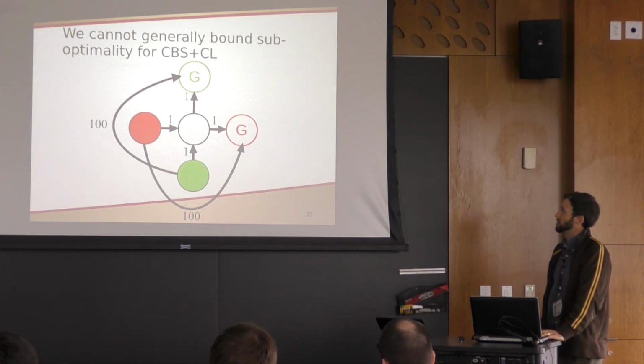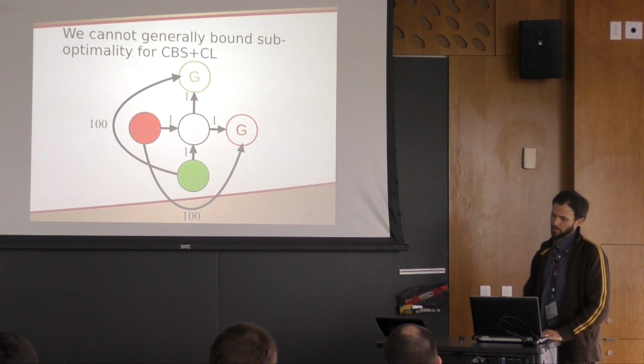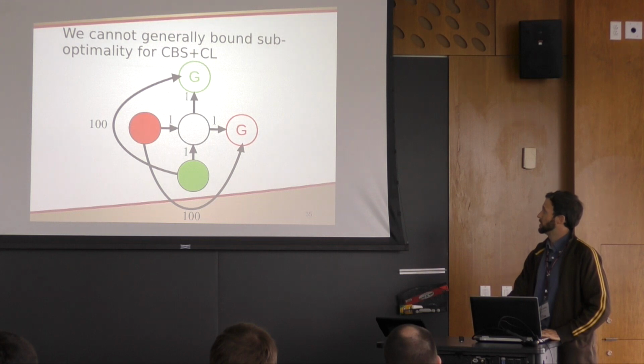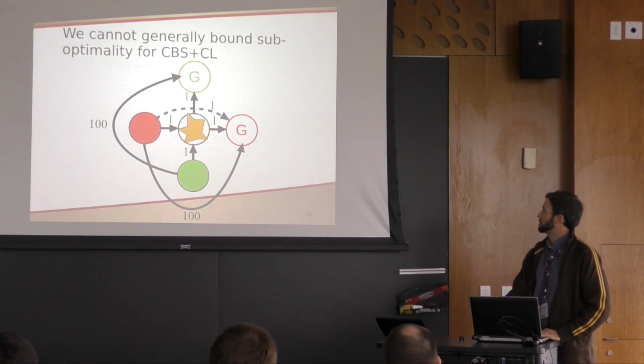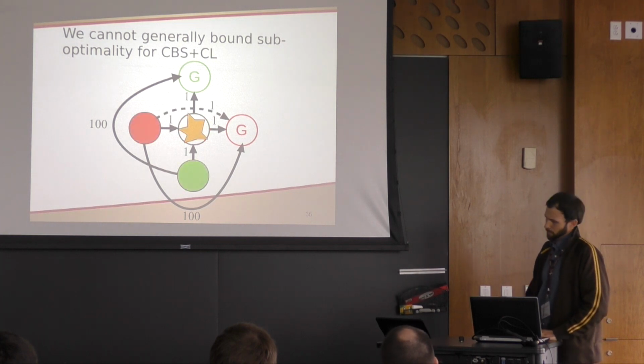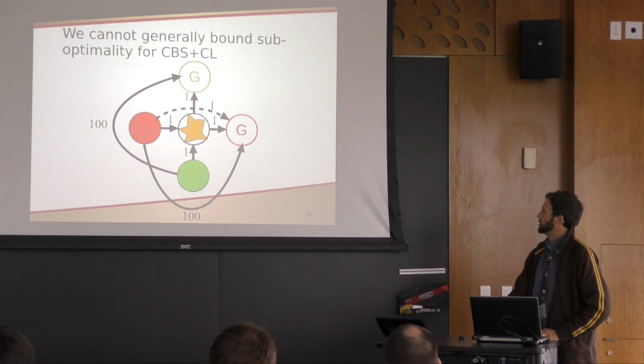Unfortunately, we cannot generally bound the suboptimality of CBS with constraint layering. And here's an example that shows why. If the red and the green agent attempt to move to their goals, on this graph they'll collide in the center. And when we go to replan these agents, the green agent will take the more expensive edge.